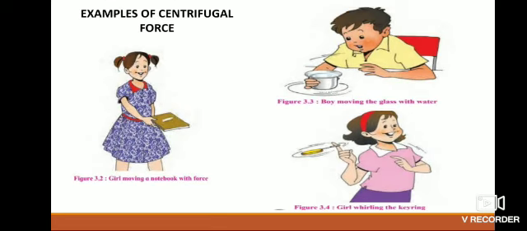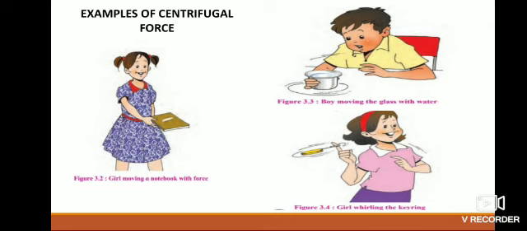For your reference, I have put some examples of centrifugal force. In figure number 3.2, girl moving a notebook with force. Figure number 3.3, boy moving the glass with water.